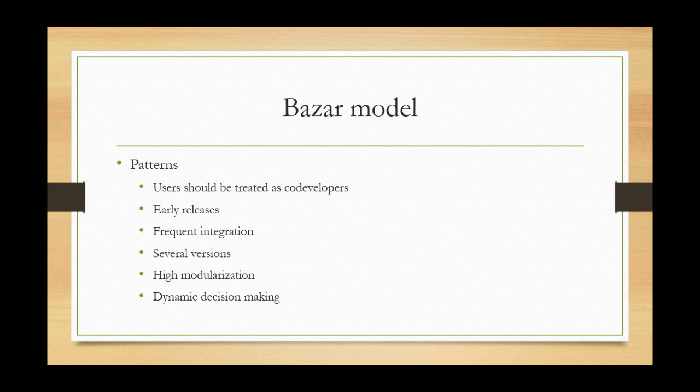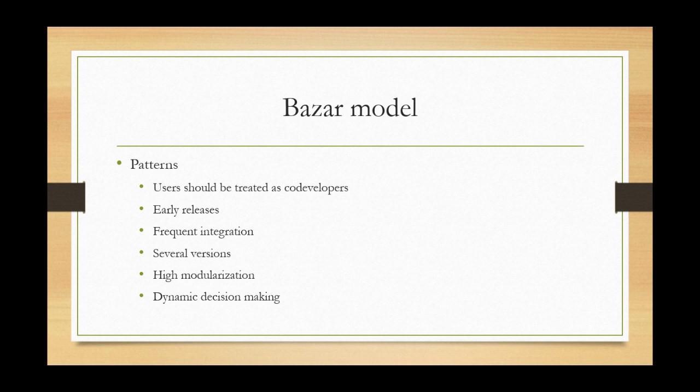So that is very important according to Gregorio Robles, that users should be treated as co-developers. They should be able to submit their additions, report bugs, show code fixes, and involve themselves in documentation and so on. So that is one of the patterns Gregorio talked about for the Bazaar model.